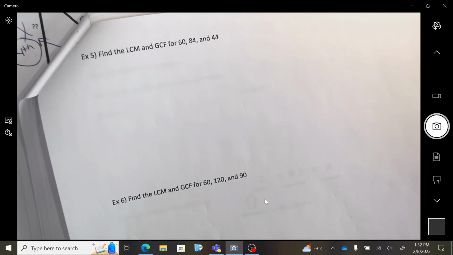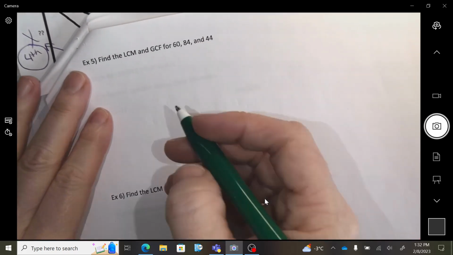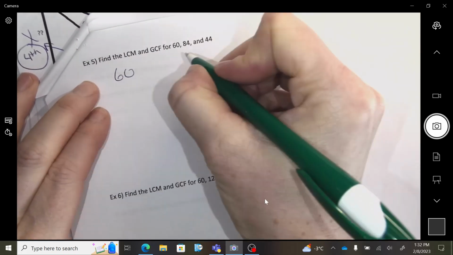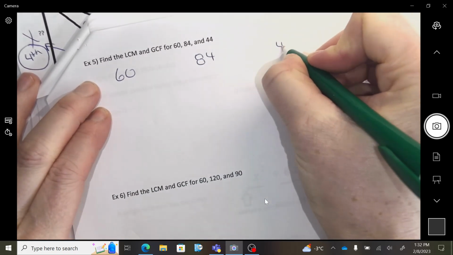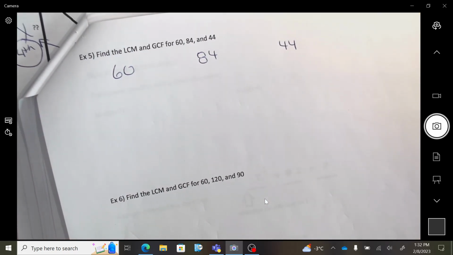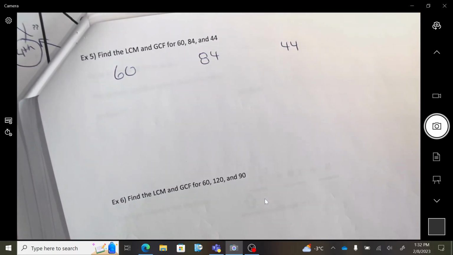Okay. 60, 84, and 44. Okay, I'm gonna let you go on your own to get your whole tree. See if you can get me your trees.